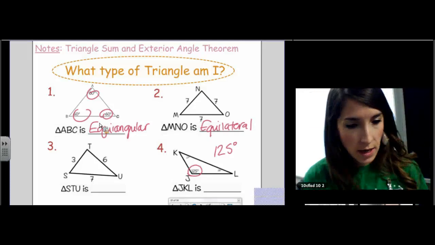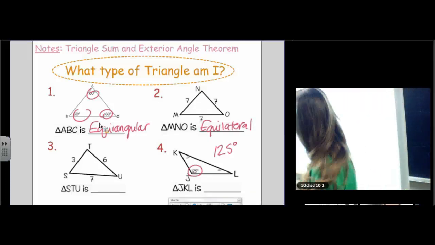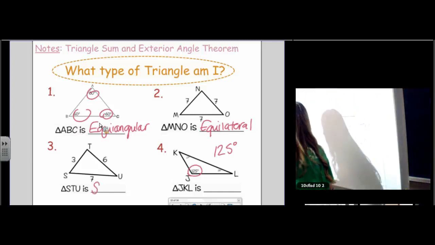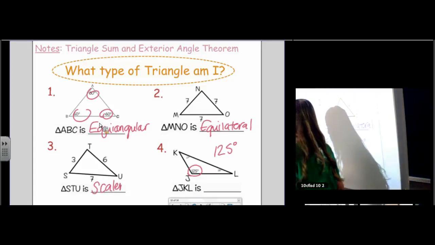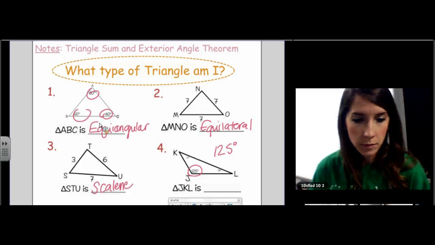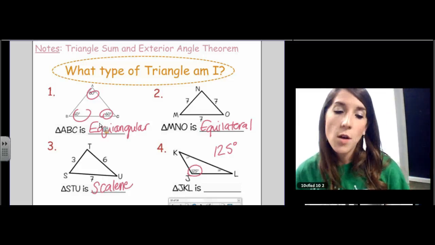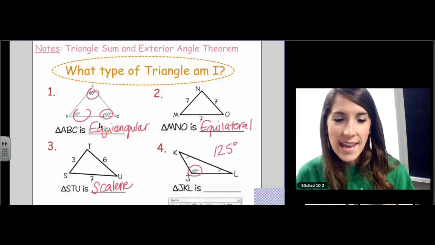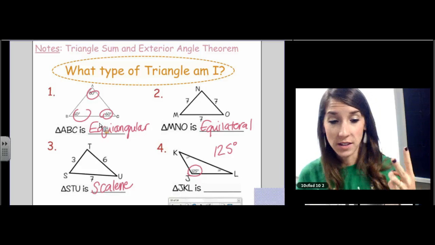Alexandria, did you get number 3? Scalene, very nice. And then Abbas, do number 4. No, if I give you angles, you need to name it, classify it by its angles. Each one of these triangles has 2 answers. They do.